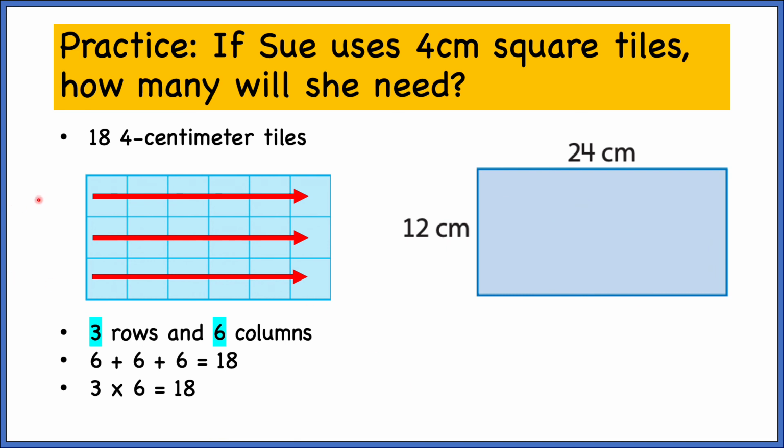She'll end up with 3 rows and 6 columns. Here's 1, 2, 3 rows and 6 columns. 1, 2, 3, 4, 5, 6. An equation to represent this tiled array is 6 plus 6 plus 6 equals 18, or 3 times 6 equals 18.